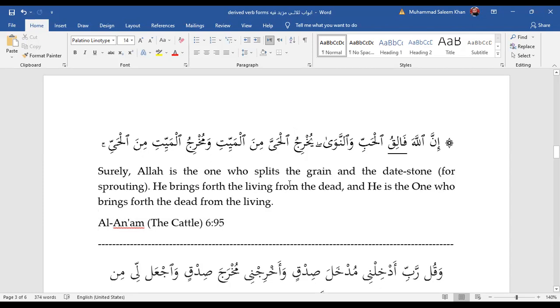Assalamualaikum, sir. Wa alaikum assalam. There is one ayah also in which with mayyit it is also yukhrij. Excellent, that's right. As I said, this is one of the many interpretations of the linguistic rules, where they said why it has been used like this: يخرج الحي من الميت ومخرج الميت من الحي.